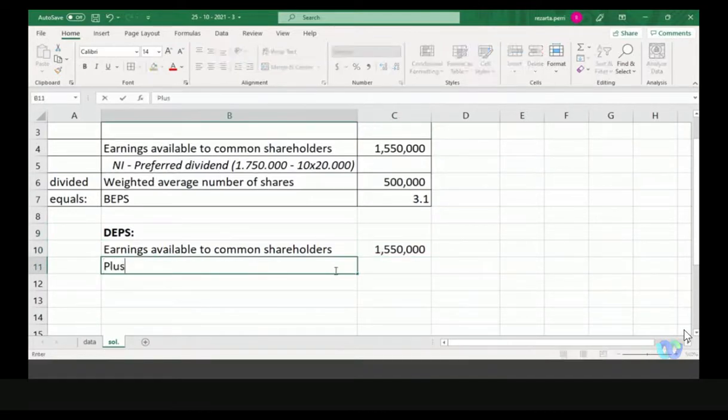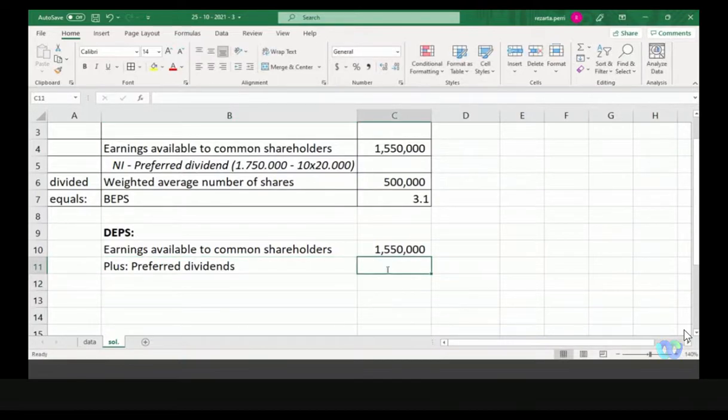But we add back preferred dividends because they are not going to be distributed anymore in case we have the conversion of the preferred shares into ordinary shares.